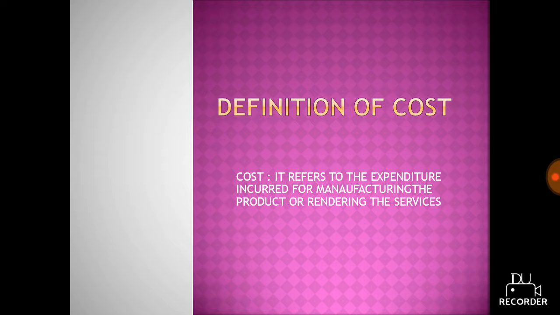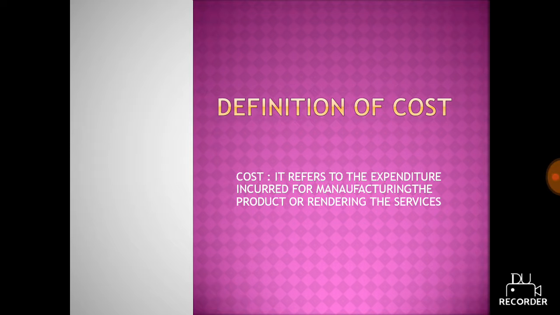For example, if we manufacture a pen, we have incurred expenses for refill, for pen cap, for refill needle, for the back end cap. So we will incur expense for each and every part for preparing or manufacturing that particular pen.